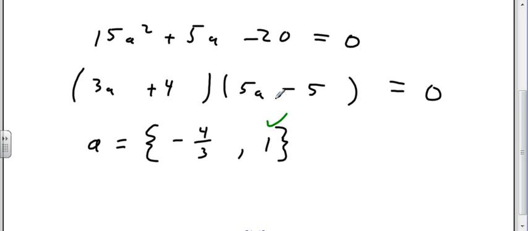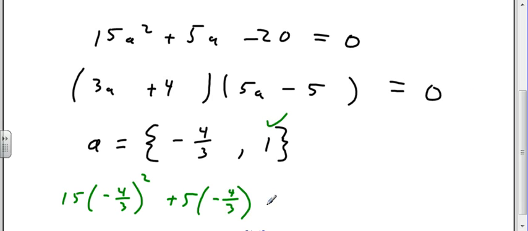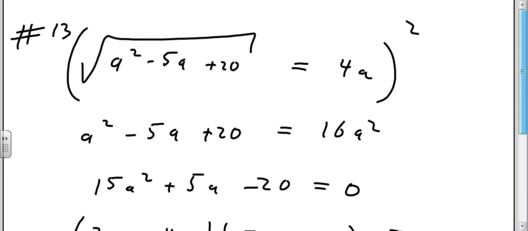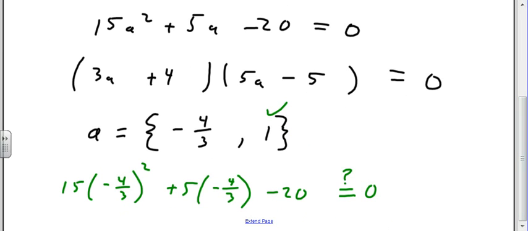So now, can I make 15 times minus 4 over 3 squared plus 5 times minus 4 over 3 minus 20 equal 0? Although it'd be better, I better not do that because I have to go back to the original equation. Silly me.